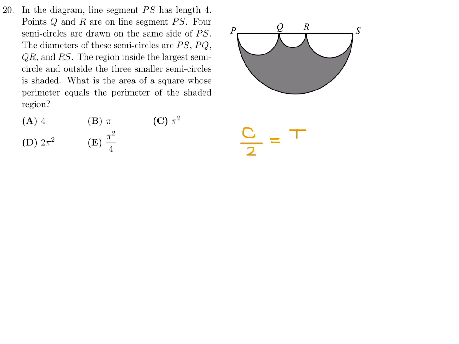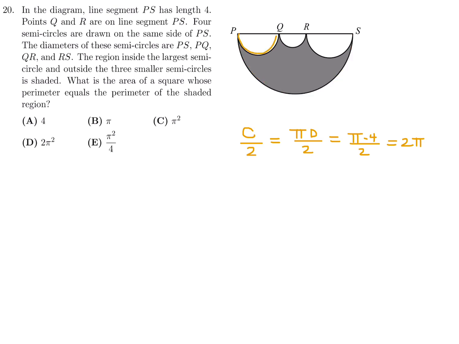The circumference of a circle is given by the formula pi times diameter. And the diameter for that big circle is 4, which they told us in the question. So pi times 4 divided by 2 is 2 pi. So that takes care of this part of the perimeter of the shaded region.